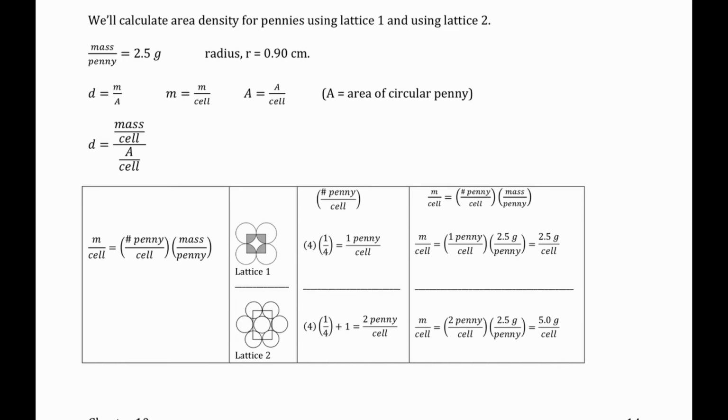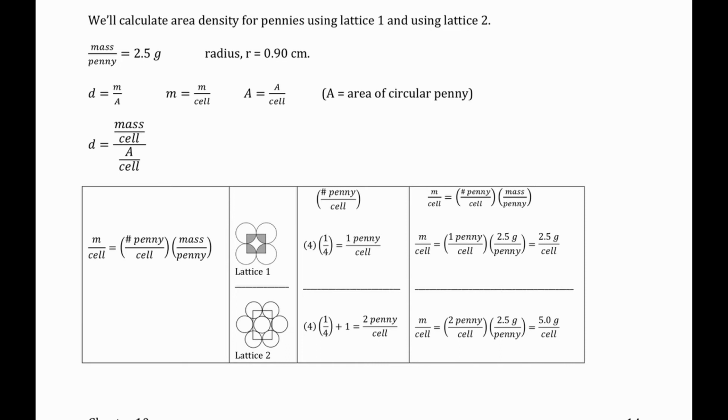So we will make that comparison with metals between our model and the actual experimental data. Anyway, for the penny, we have mass per penny. I weighed a penny and got 2.5 grams and measured the radius and got 0.90 centimeters. So we're going to use those numbers in our calculations.